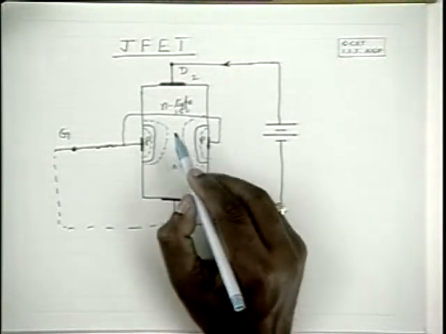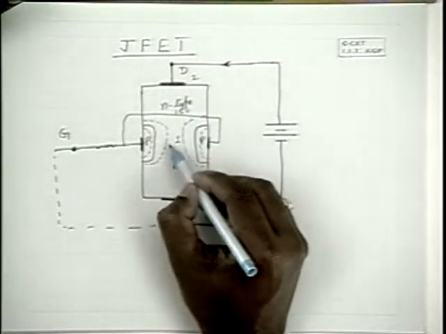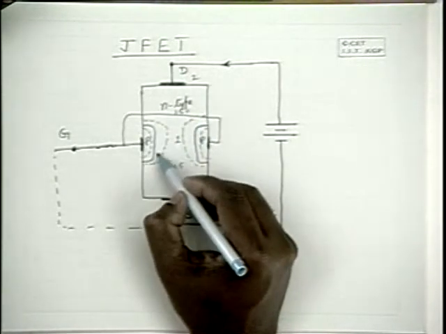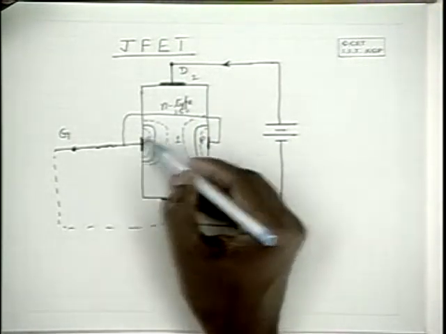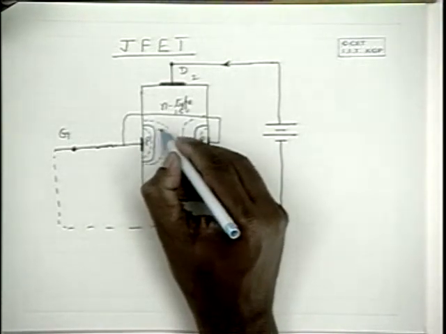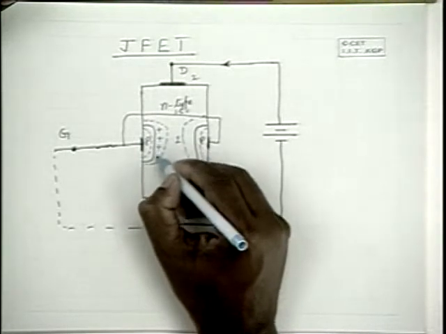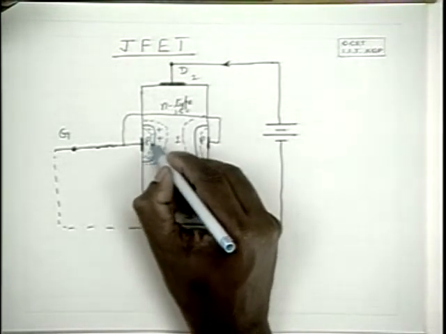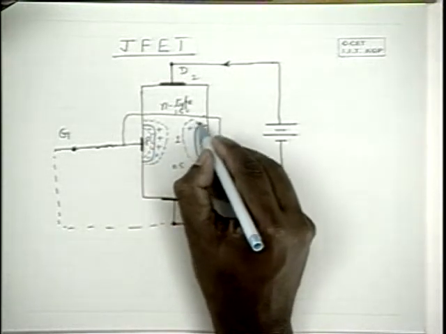Electrons are the majority mobile carriers, and these electrons are available only in this part. These are not available here because of the diffusion that is taking place. And so you will find positive space charge here, negative space charge here, but no mobile charges.